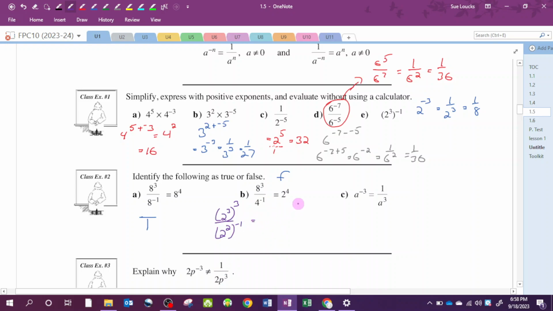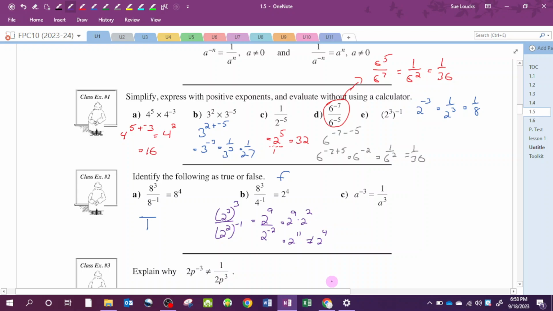Okay, and then that would be, sorry, that would be 2 to the 9, right? So this is 2 to the 9 over 2 to the negative 2, which is going to be 2 to the 9 times 2 squared, which equals 2 to the 11, which is definitely not equal to 2 to the power 4.